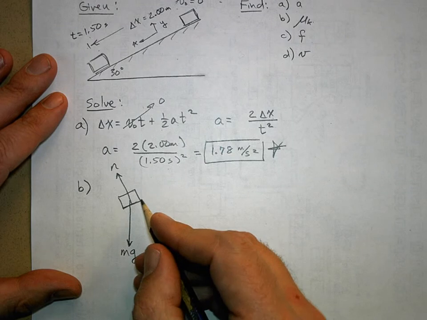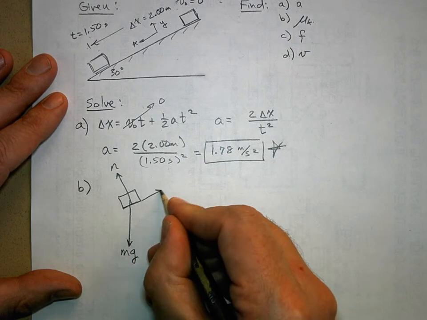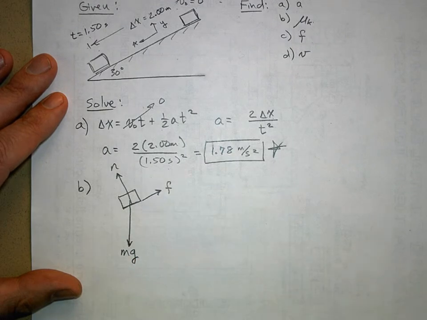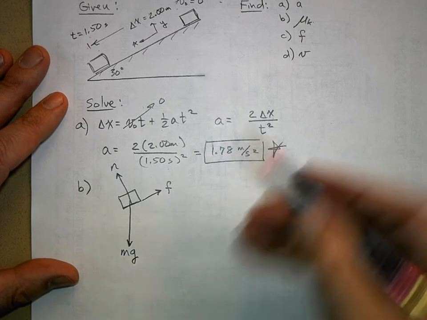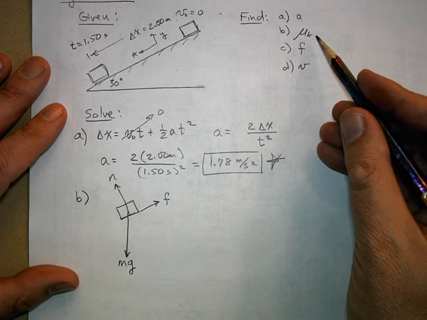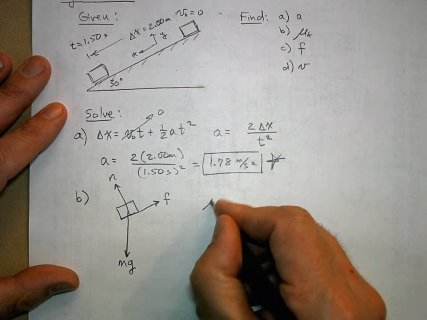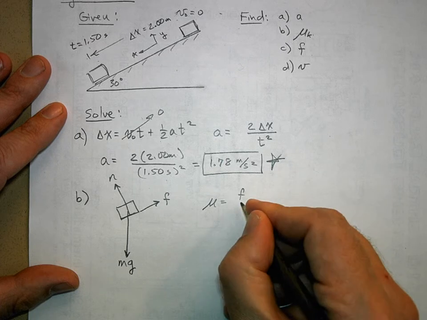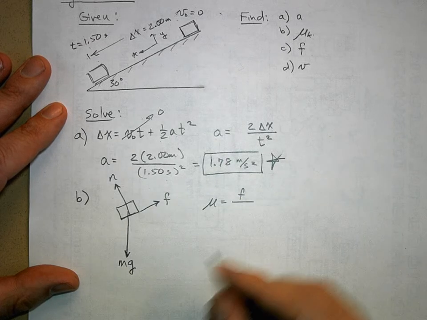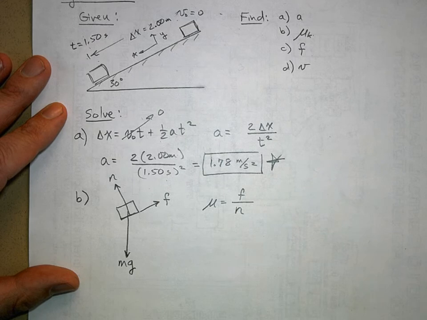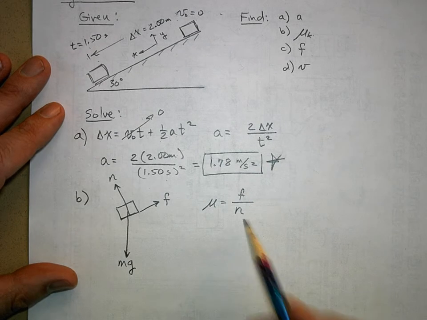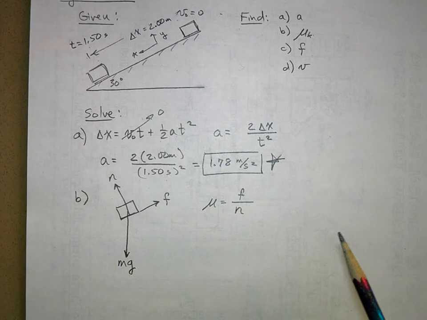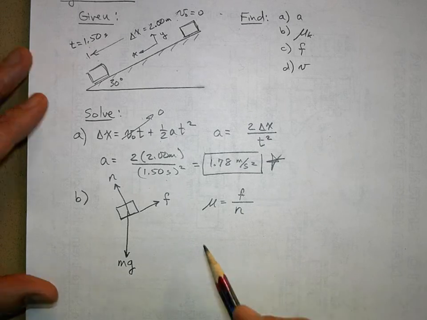And then we have a force of friction like that. Now, of course, let's look at what we're trying to find. We're trying to find mu. So I can say the coefficient of kinetic friction is equal to the ratio between the force of friction and the normal force. That's just something you need to know. It should be on your equation list.